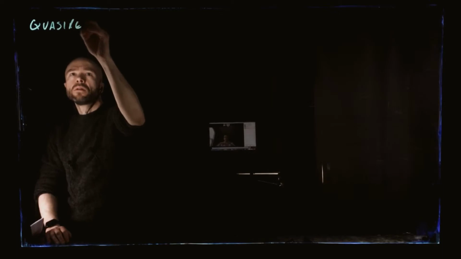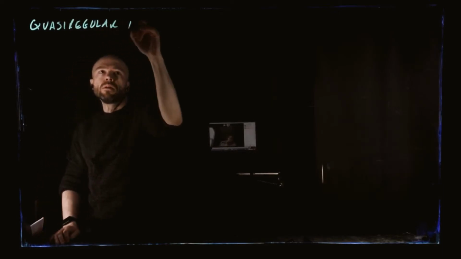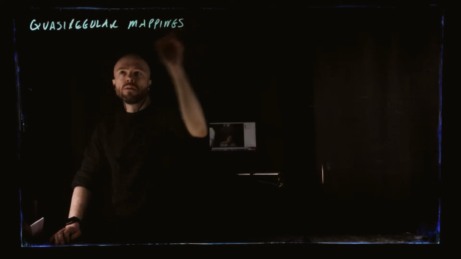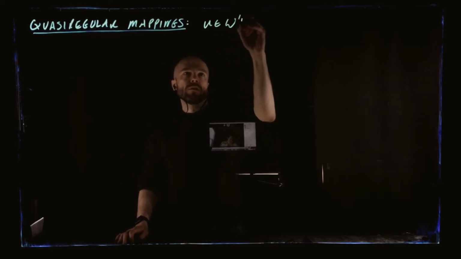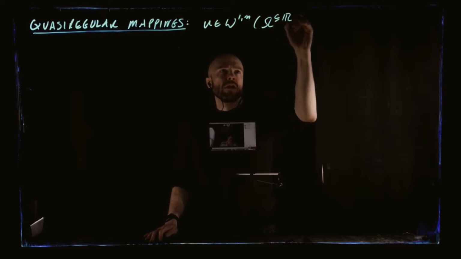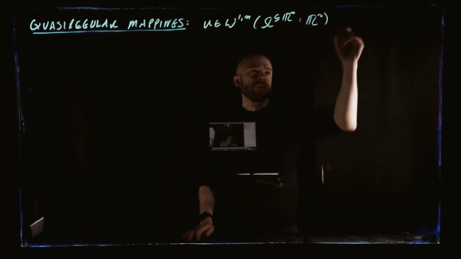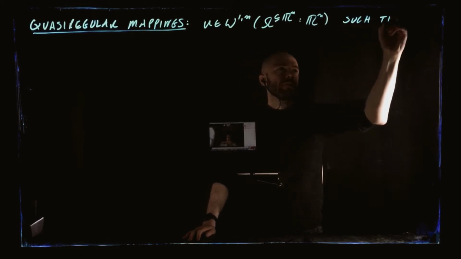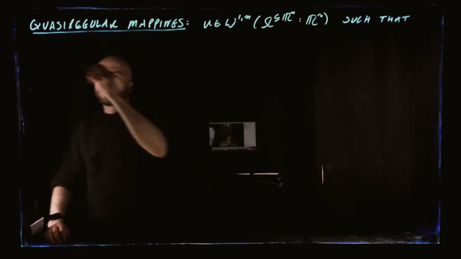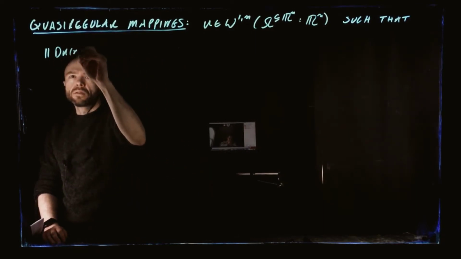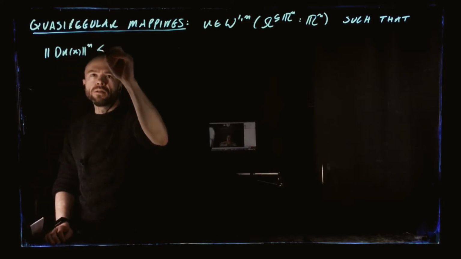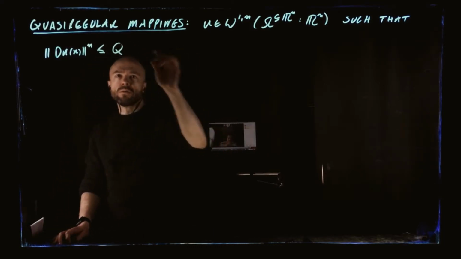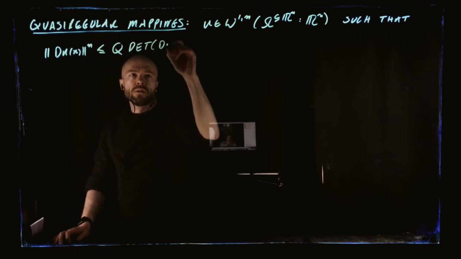We were discussing quasi-regular mappings. And these are mappings u in W^{1,n}(Ω), with Ω contained in R^n, into R^n, such that the operator norm of the matrix, that is the gradient, to the power n, is bounded by some constant q, bigger than or equal to 1, times the determinant of the gradient.